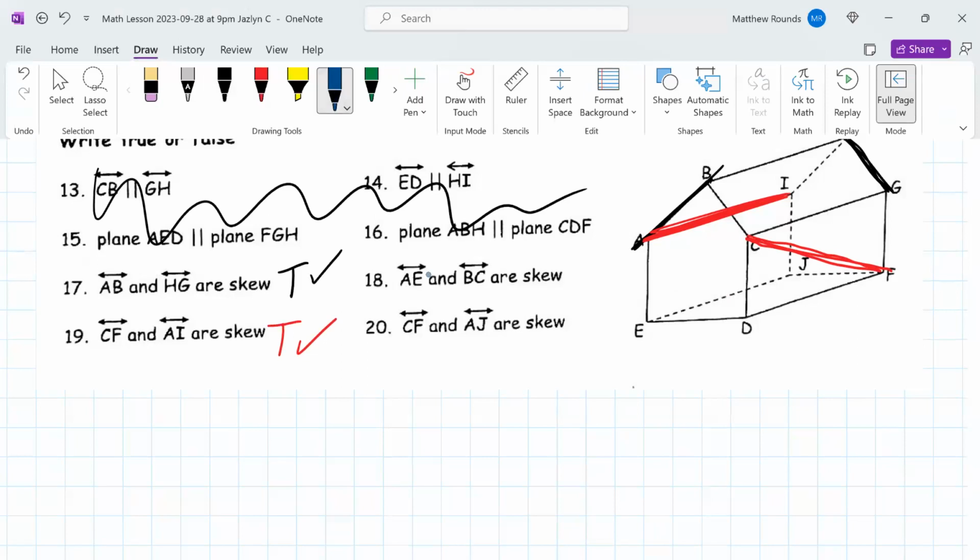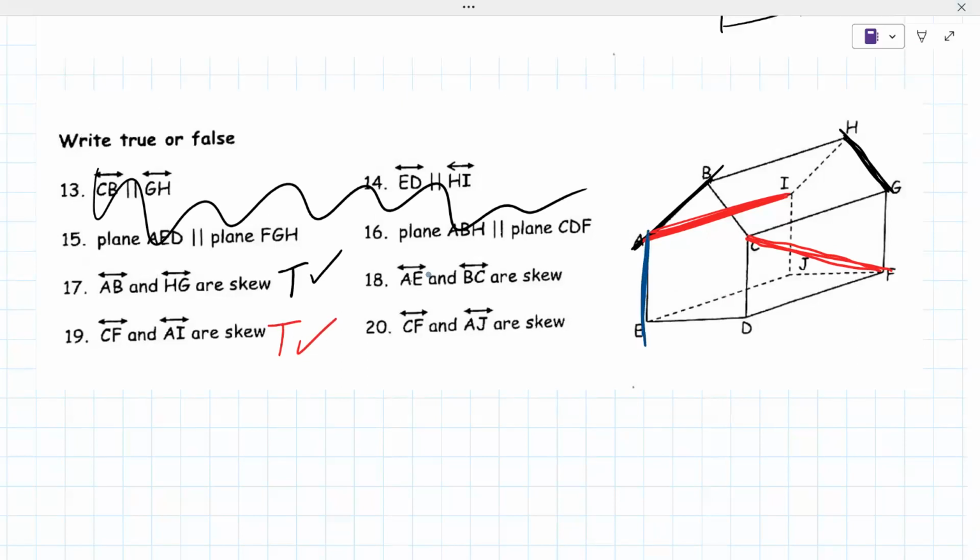All right, so now I'm going to label AE, there's AE, and BC. Do those intersect? No. Oh yeah. It's hard to see, really is, but they actually intersect.